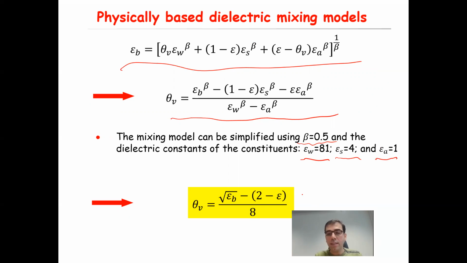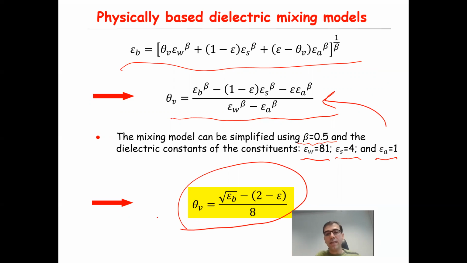So if you plug these constant values, 81, 4, 1, and 0.5, into this equation, you will end up with this equation here that relates the water content to the measured dielectric constant and the porosity of your sample. Okay, and that is the physically based model that is used to convert the soil dielectric constant to the water content.